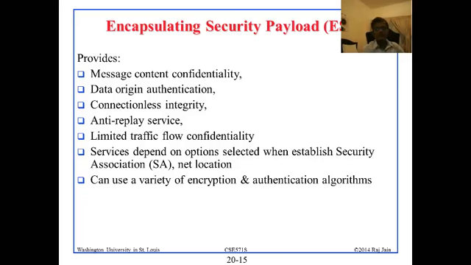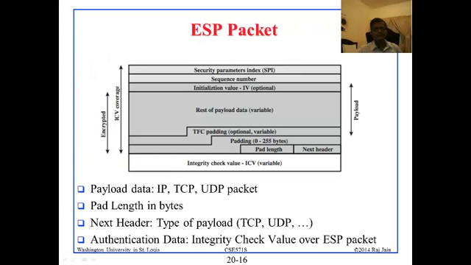The service depends upon the option selected when establishing the security association. So when you set up the security, you decide which of these services you want. And it can use a variety of encryption and authentication algorithms, which is common among all these things anyway. Those are the different things ESP can do.